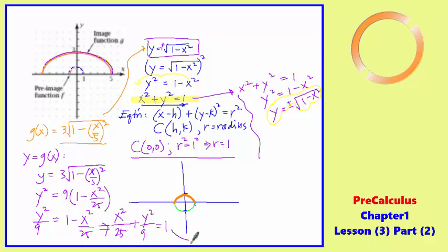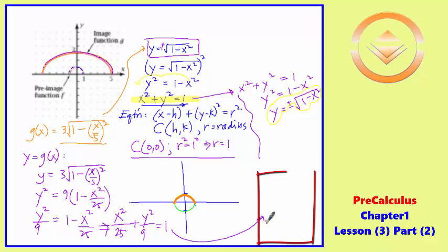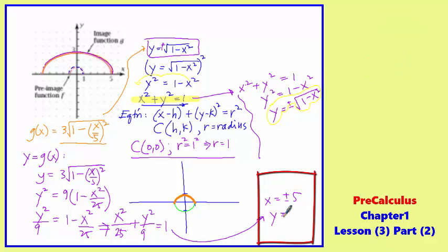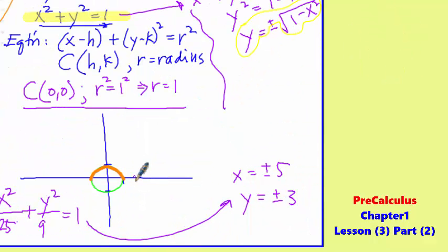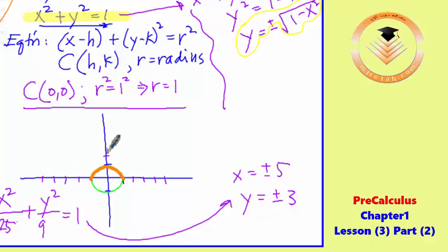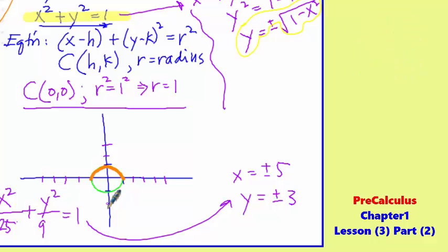It is an ellipse with a semi-major axis at x equals positive and negative 5, and y equals positive and negative 3 for the semi-minor axis. Now let's graph that one. We have 2, 3, 4, 5 on each side of the x-axis, and on the y-axis we have 3.